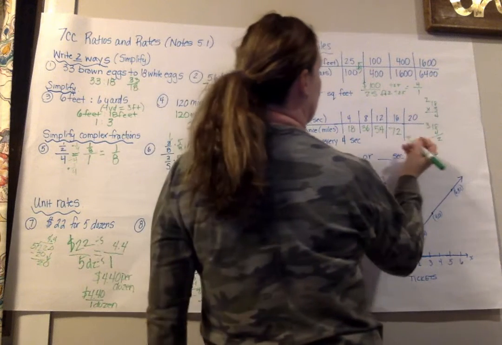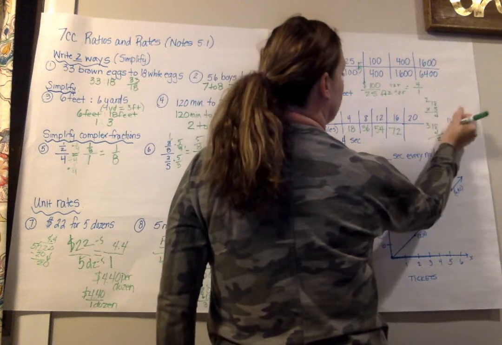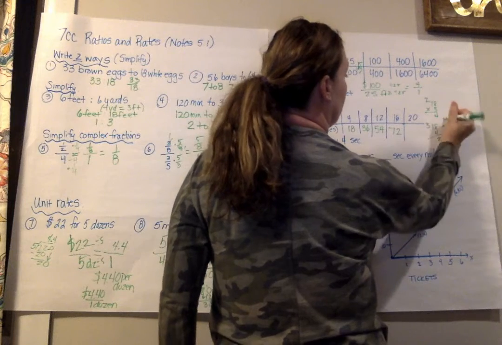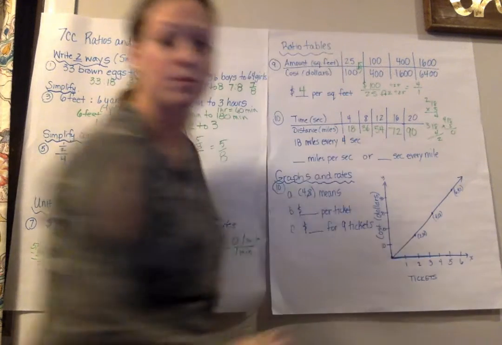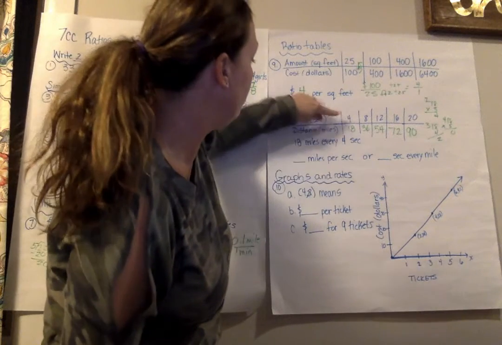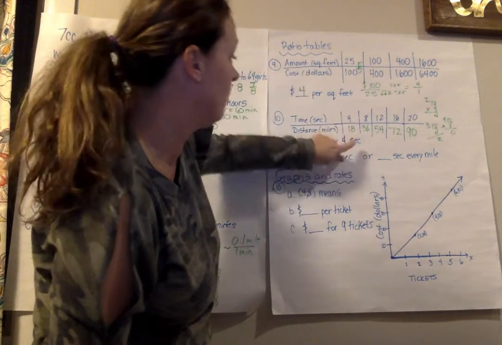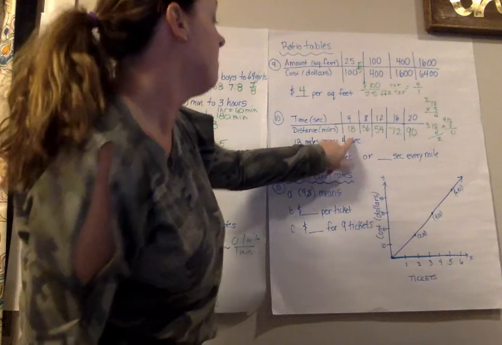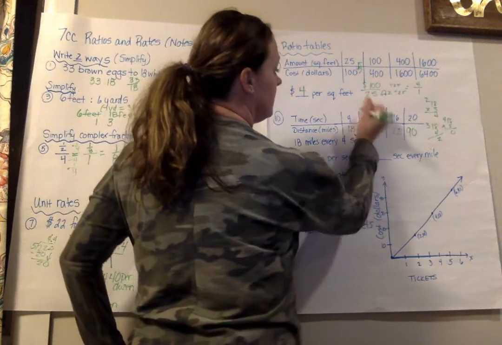And then I have 18 times 5. Sorry, I forgot my calculator. And 90. Okay. So let's talk about where I got these numbers from. If every 4 seconds I'm going 18 miles. Do you see that I'm multiplying these both by 2?